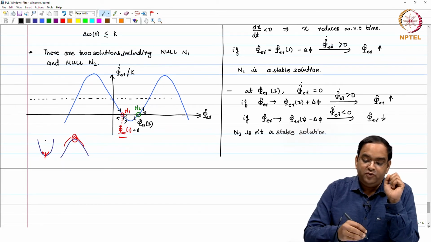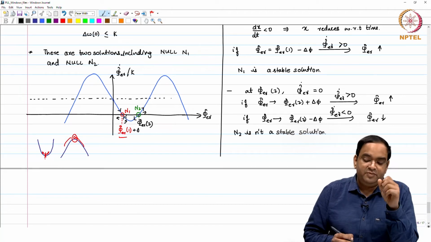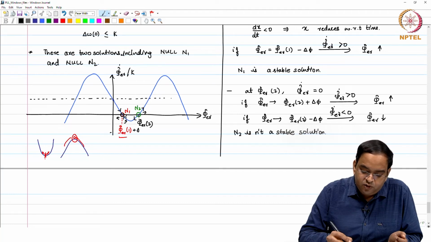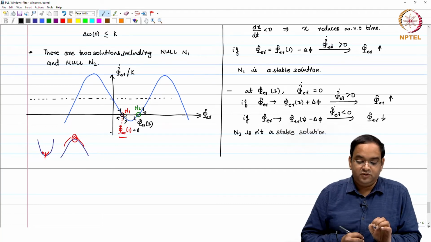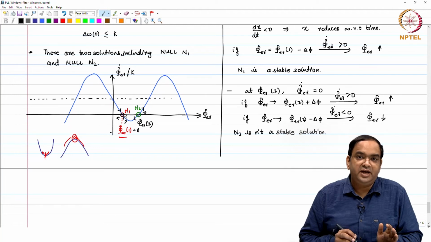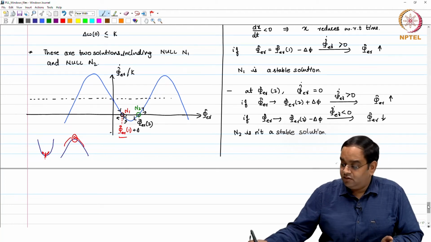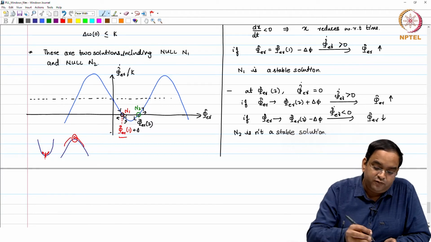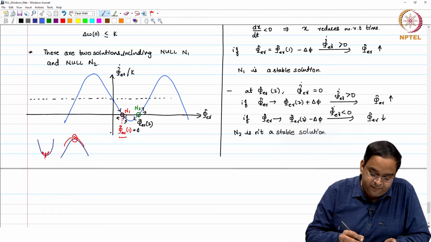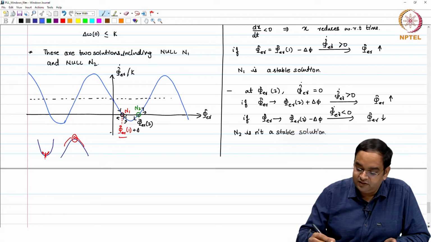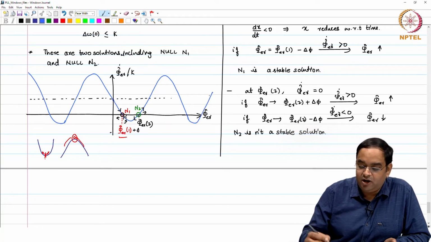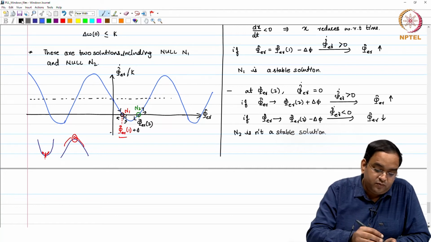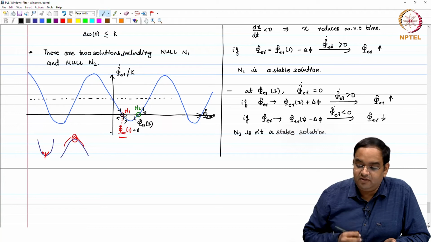Okay. So, you may start your PLL, it may start with 0 or some other point, finally, it will come to N1, in this particular scenario. Now, there is one other important thing. I have not drawn the full sine wave, but if you look at it, you will see a sine wave, because there is nothing restricting me on how much of the phase error value I can plot.